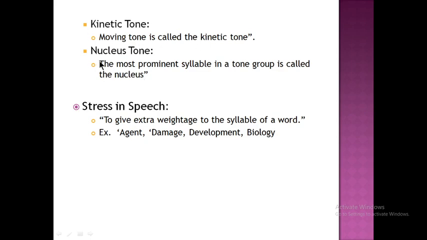And the last one is nucleus tone. The most prominent syllable in a tone group is called nucleus. The most prominent syllable means the syllable in a word where the stress is given the most. That is nucleus tone.